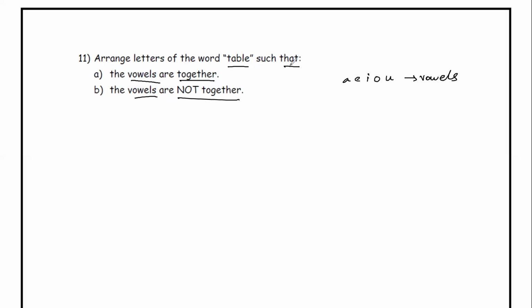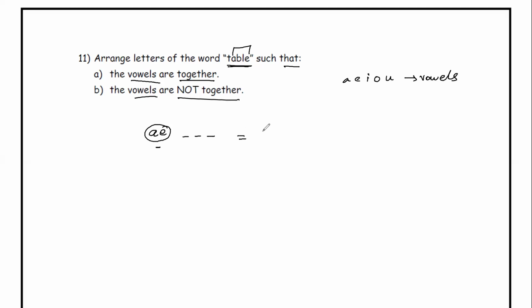But in the word table, there are how many vowels? Only two vowels, A and E. So we want A and E together. That's one dash you consider, and the remaining three letters, T, L, and B, consider them as three dashes.